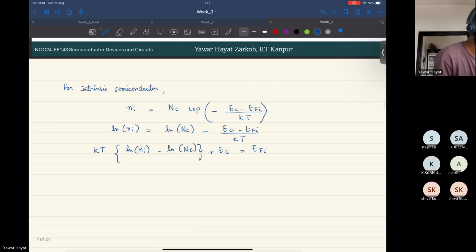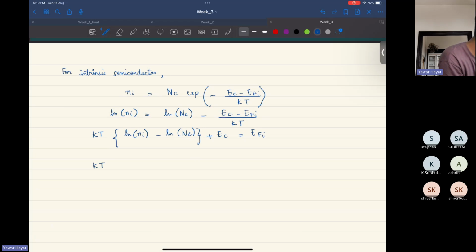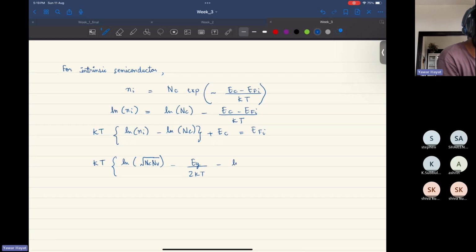Then we can write this as kT ln of square root of NCNV minus Eg by 2kT minus ln of Nc, plus Ec is equal to your EFI.